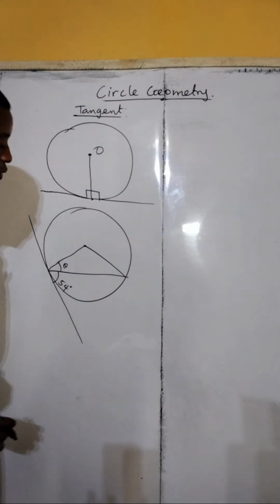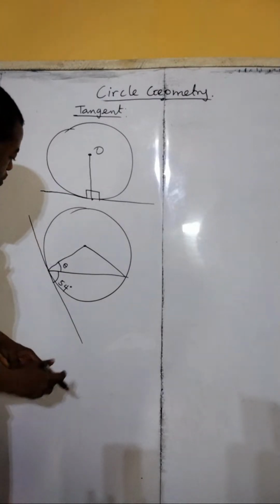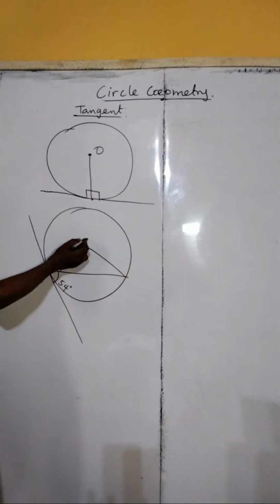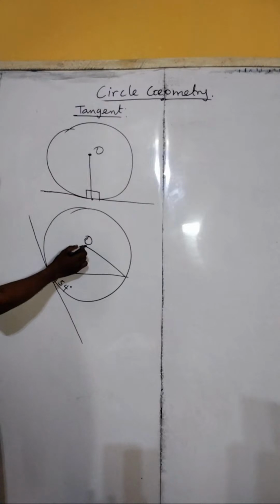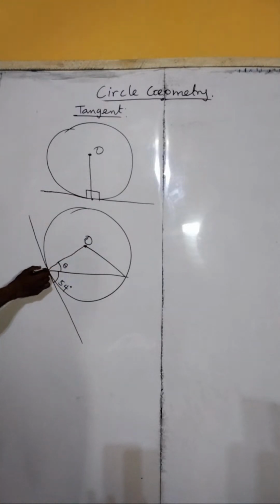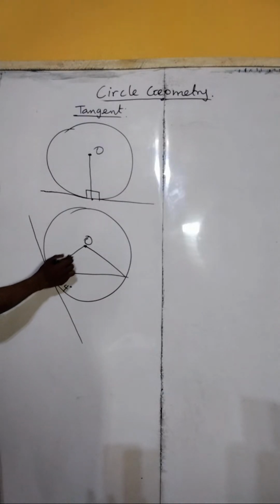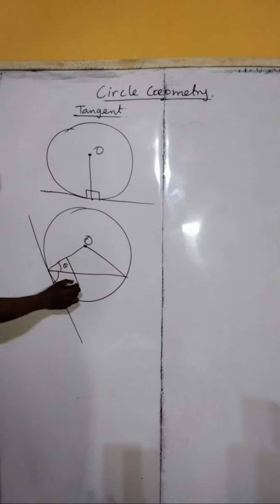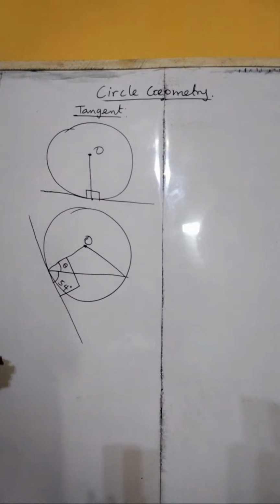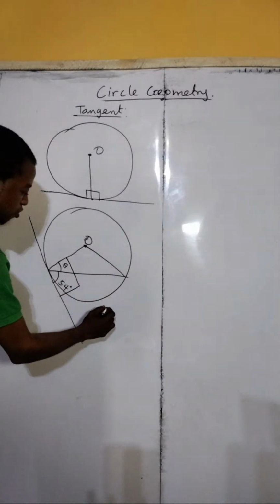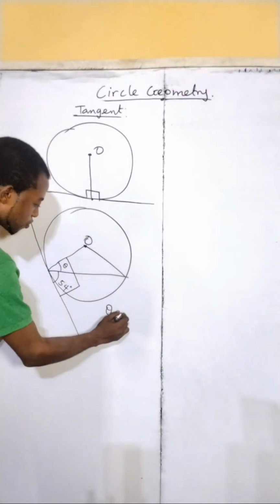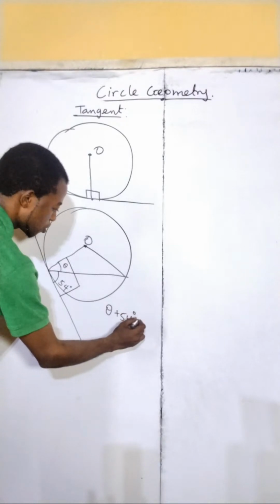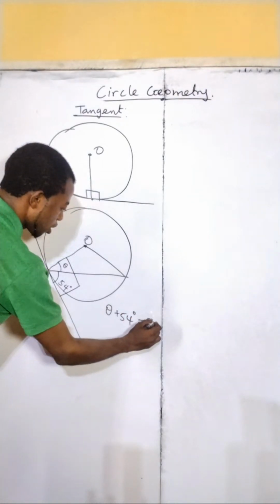Now how do we go about this? From what we know here, that this is the center, the angle between the line from the center to the tangent, the angle between radius and tangent, is 90 degrees. That means this angle here, everything should be 90 degrees. And we can easily say that theta plus 54 degrees is equal to 90 degrees.